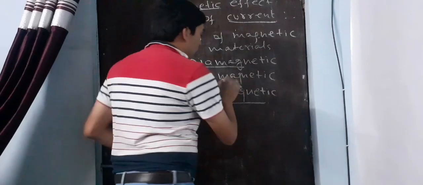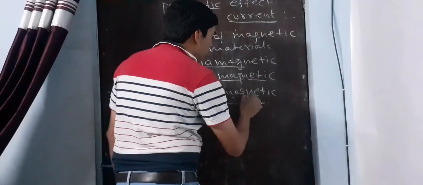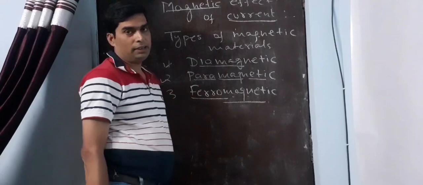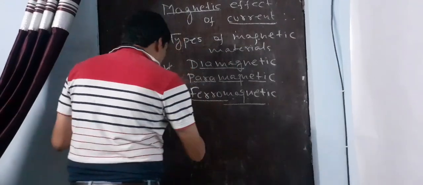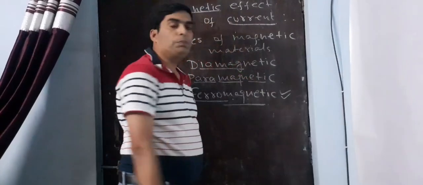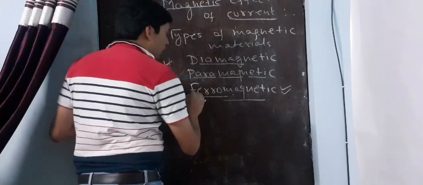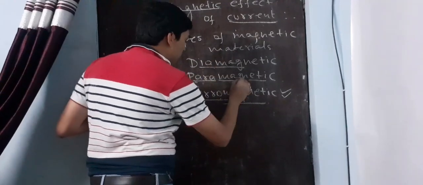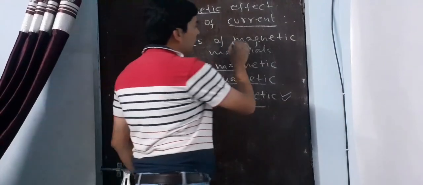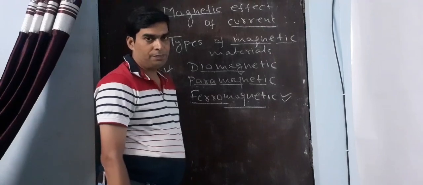Third, ferromagnetic materials show the highest attraction towards the magnet. In general engineering and today's machinery, these elements are used for preparing devices. So we have diamagnetic, paramagnetic and ferromagnetic materials, showing their behaviors towards magnetism.